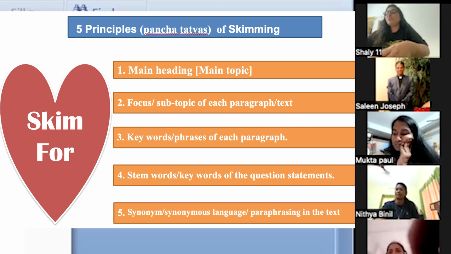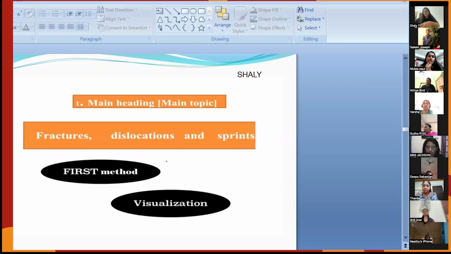Fifth, synonyms, language and paraphrasing in the text. When we know the question keywords, we can identify the answer easily. We need to identify the main heading of the topic. Here, the main topic is fractures, dislocation and sprain.